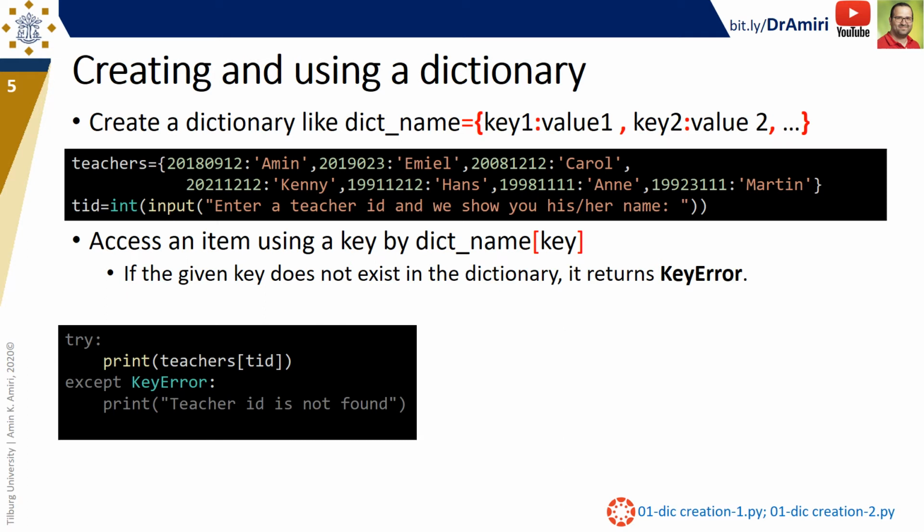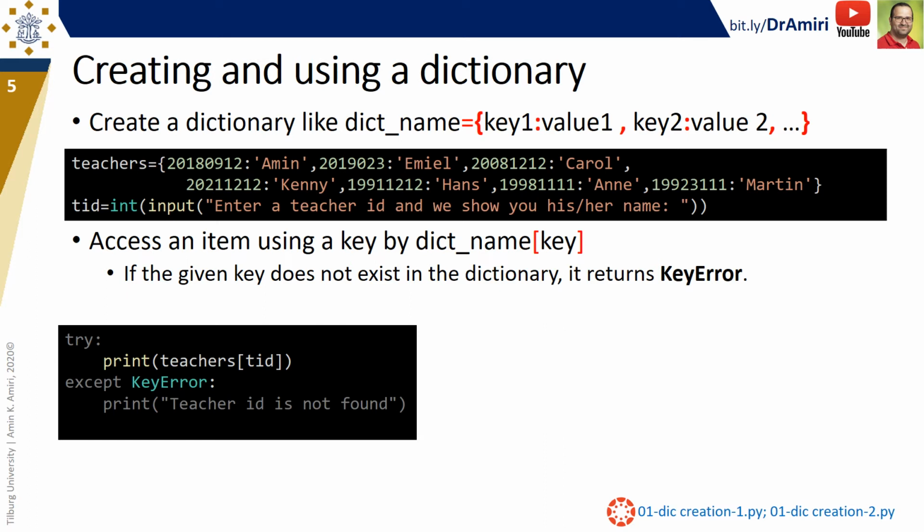So if now the user enters 2018-0912, then this print function teachers TID will return Amin, and Amin is printed.